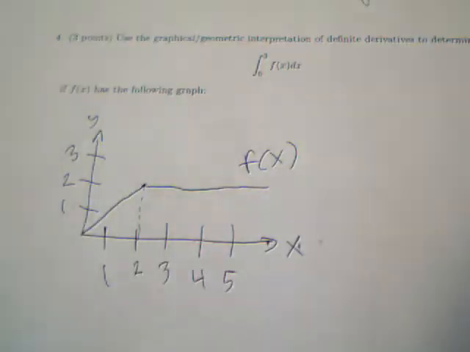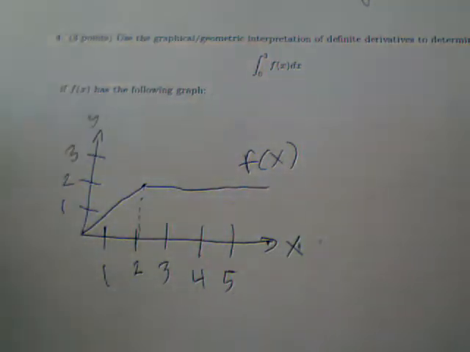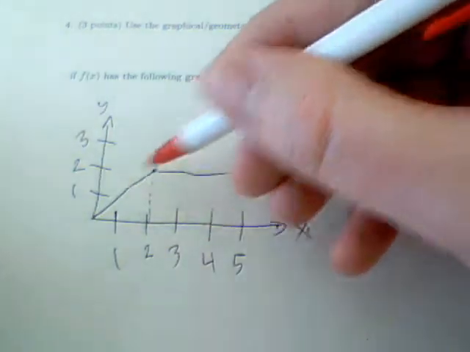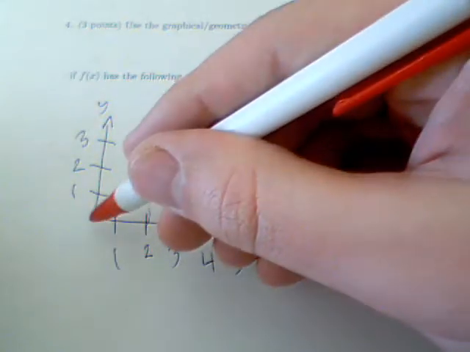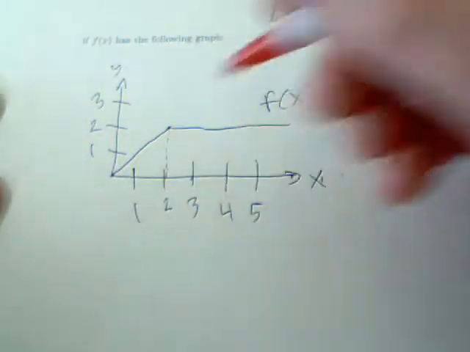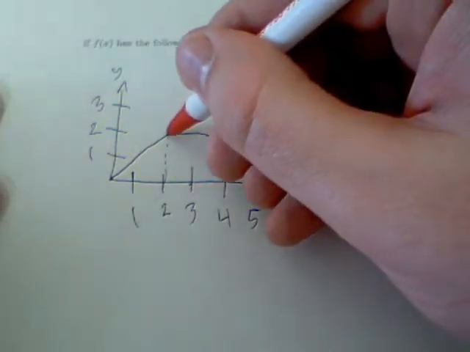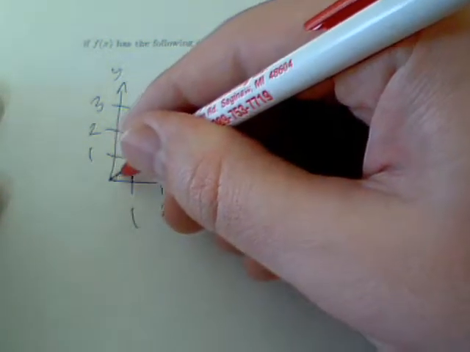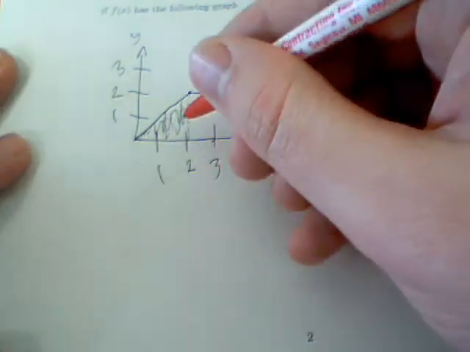Okay. So from 0 to 3, what that represents is the area underneath this curve, underneath these lines, between 0 and 3. I put this dotted line in here as a hint, to show where this changes from one line to another. So up to here, that's a triangle.